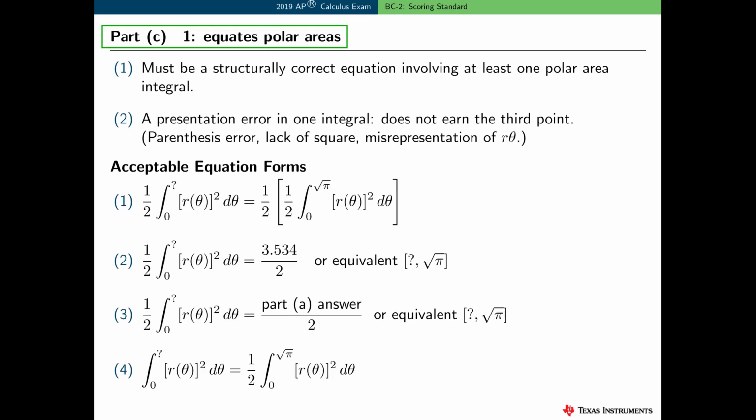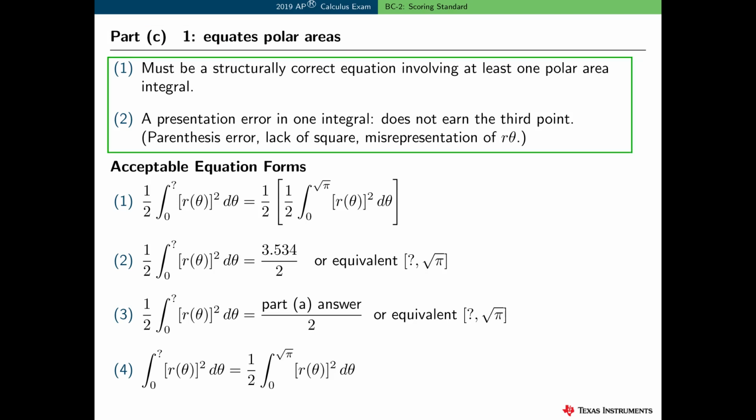Part C was worth 3 points. The first point was for equating polar areas. Now, this means we must see a structurally correct equation involving at least one polar area integral.